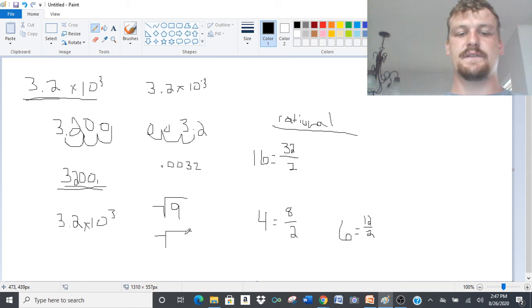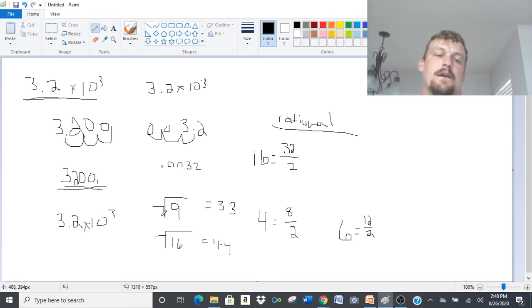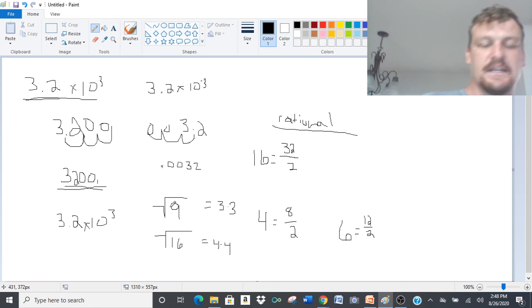So the square root of 16 is a perfect square root. So now, 3 times 3 equals 9, and also 4 times 4 is 16. So these are perfect square roots. So now any square root, for an example, between 9 and 16 would be a non-perfect square root. So therefore it would be irrational.